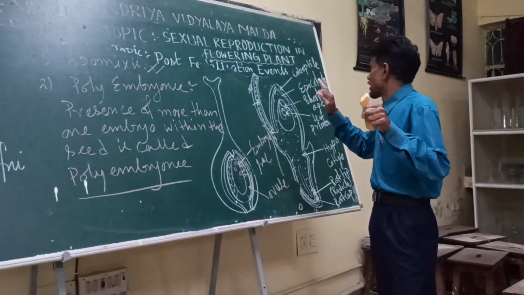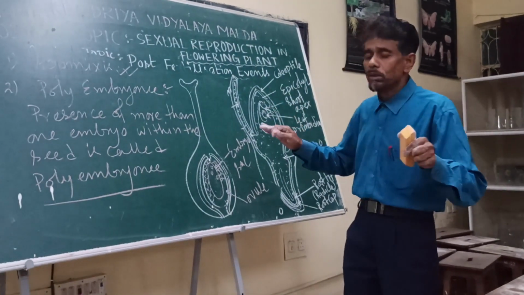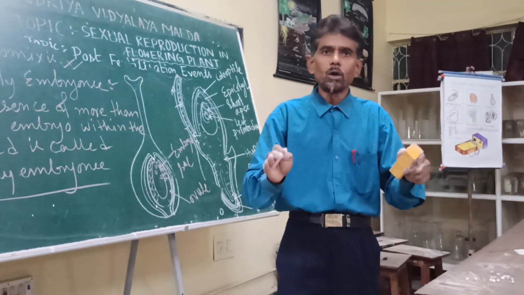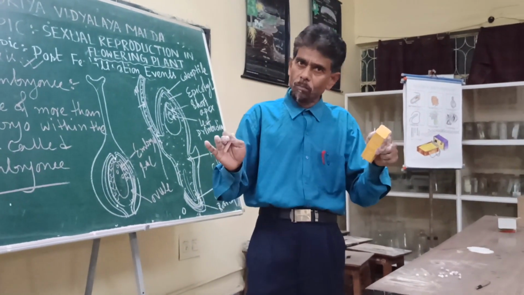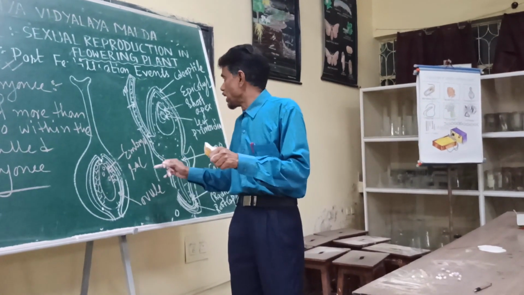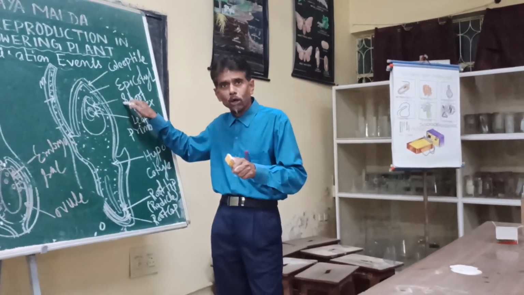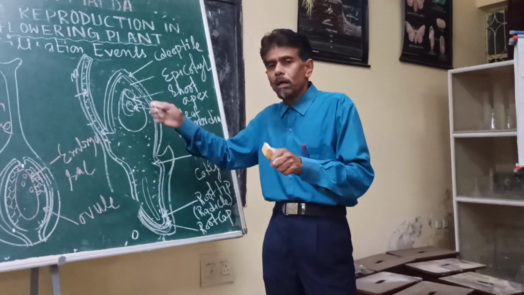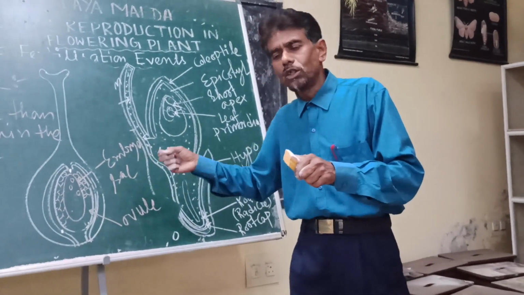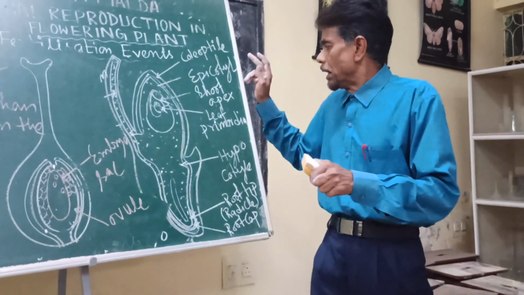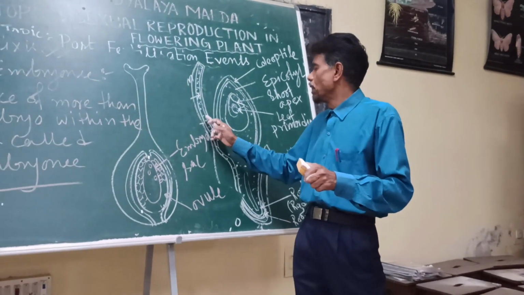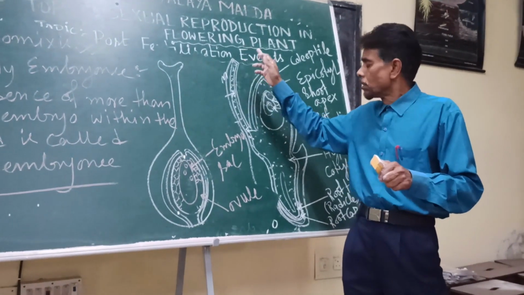So today we have discussed in detail the structure of monocot and dicot embryos. I have given a lot of emphasis on the monocot embryo because it is a little difficult, but with a little effort and practice you can draw the diagram. It has a single cotyledon extending to one side.